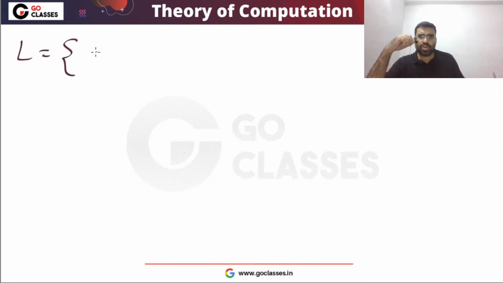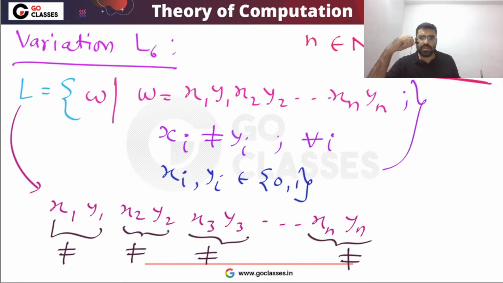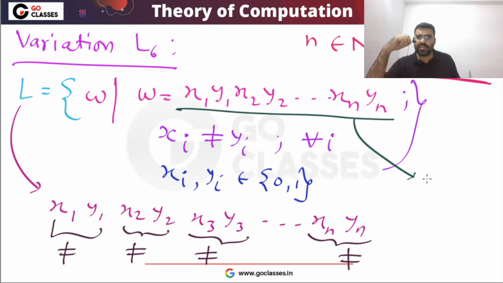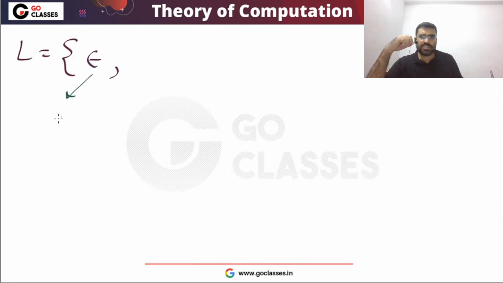If I put n equal to 0, I will get the empty string. Because the length of every string is 2n. So if I put n equal to 0, I will get the empty string.